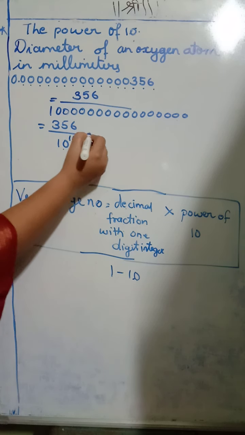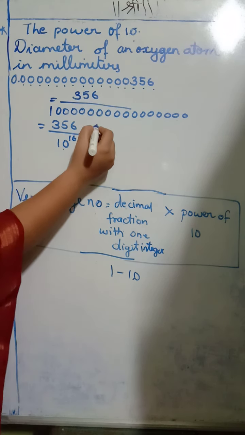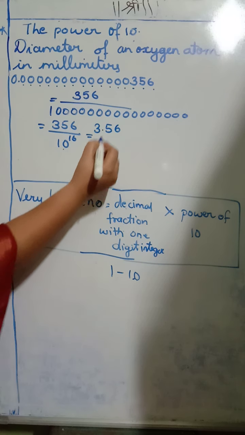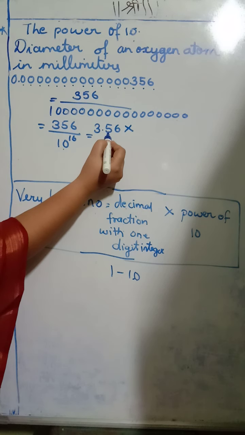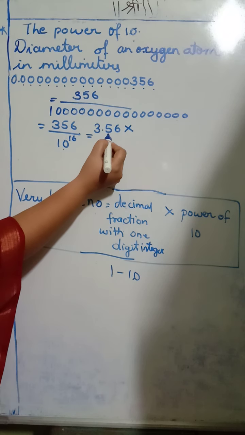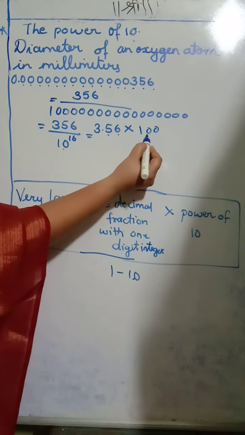Now we need to make this into the smallest number. 356 can be made into 3.56. When we do it in the smallest number, it will be multiplied by 10, 100 or 1000. Now this will be multiplied by 100 because after the point there are two places.